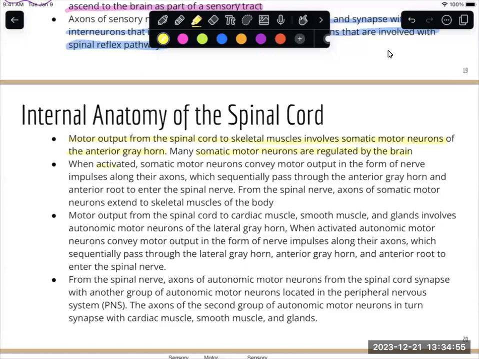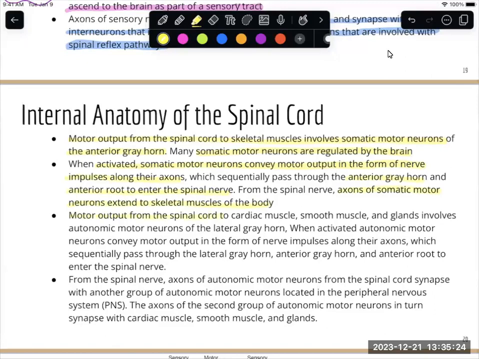So when they're activated, they're going to send information as those action potentials or those impulses along those axons. It'll pass through that anterior gray horn, through those anterior roots, enter that spinal nerve, and then those axons will go to those skeletal muscles to tell that skeletal muscle to contract.